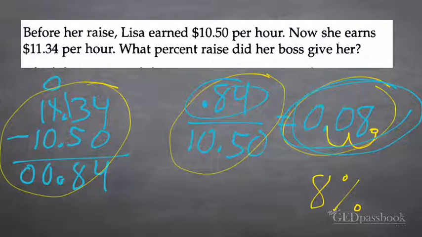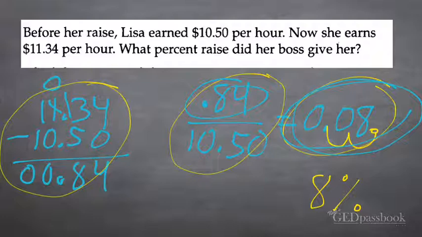And I already gave you 2 examples of percent of increase. We have not done one of percent of decrease, but it's the same thing. Just a different type of wording, such as: before her raise, Lisa earned $10.50 per hour. Now she earns $9.50.